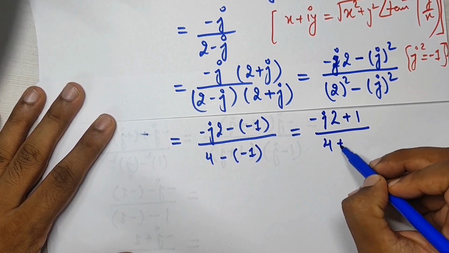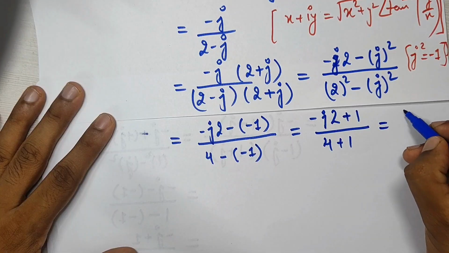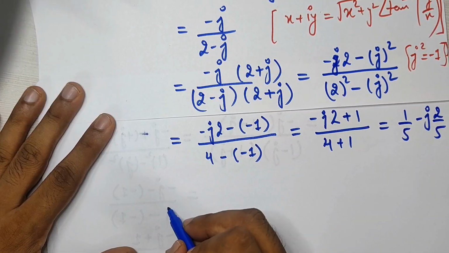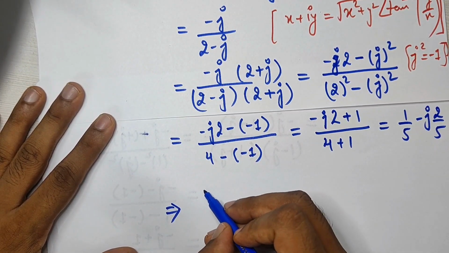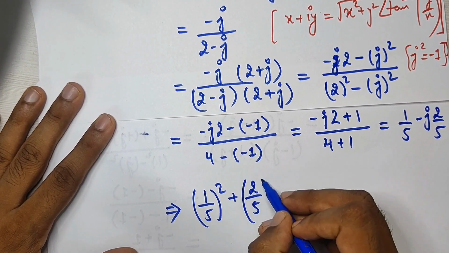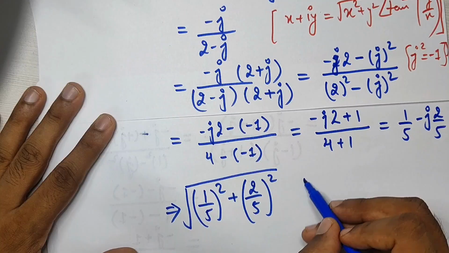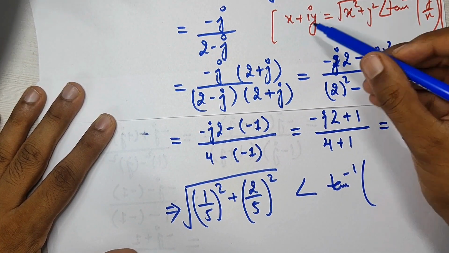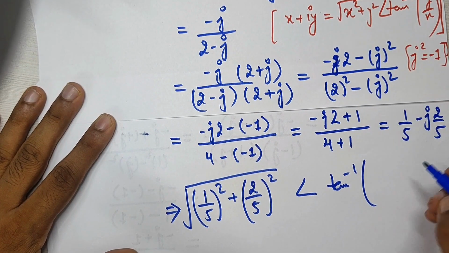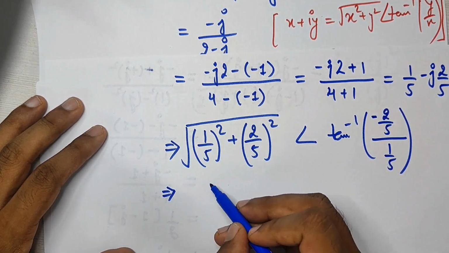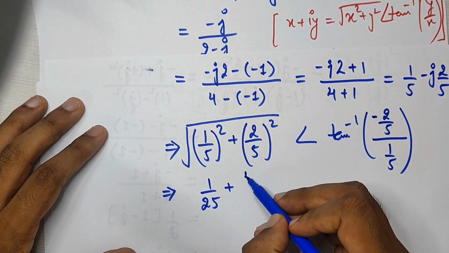This can be written as 1 by 5 minus j 2 by 5. Right. The magnitude is the square root of 1 by 5 whole square plus 2 by 5 whole square, that is, 1 by 25 plus 4 by 25.